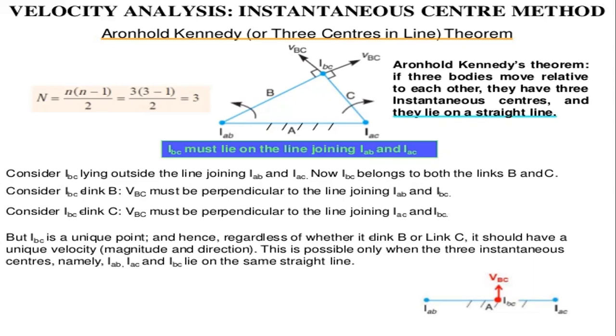The instantaneous center of BC must lie on the line joining AB and AC. That is how we locate the instantaneous center.